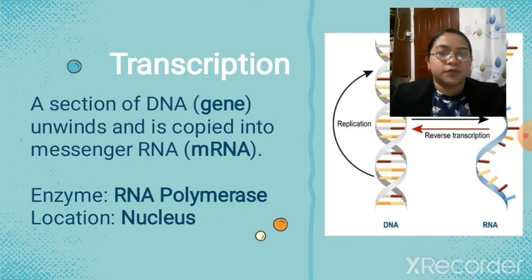The enzyme is RNA polymerase, and it is located in the nucleus. In transcription, the information in the DNA of every cell is converted into small, portable RNA messages.